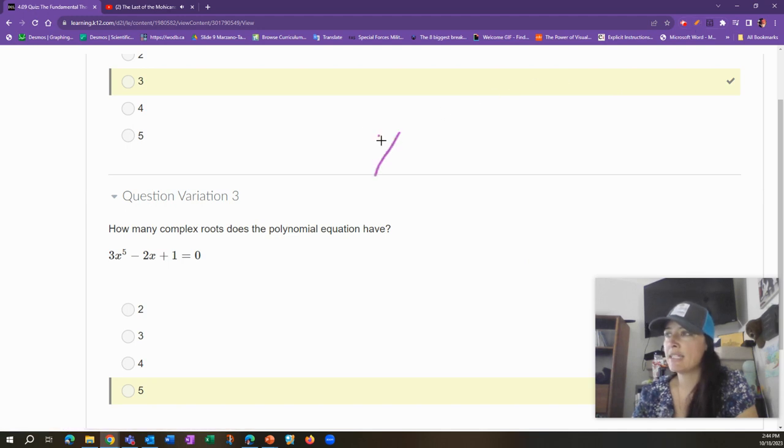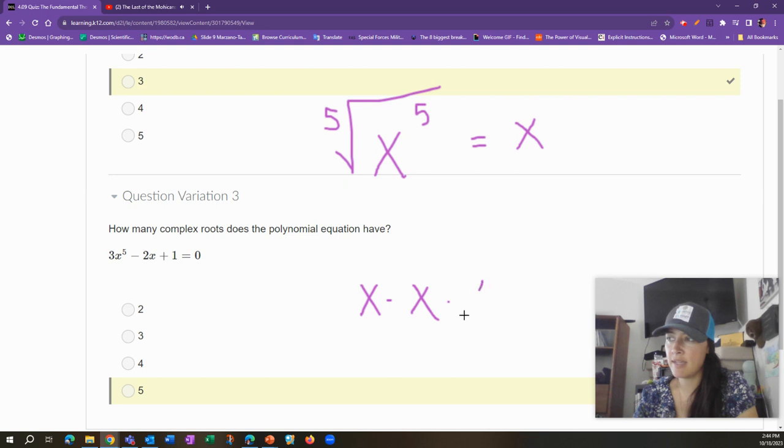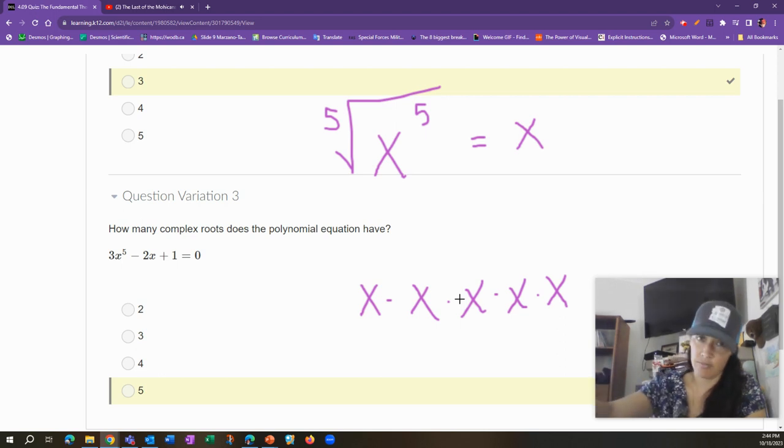Let's think back to Unit 2. If we had x to the 5th, and we took the 5th root to solve that, well, x to the 5th is the same as x times x times x times x times x. So it's the same exact solution 5 times.